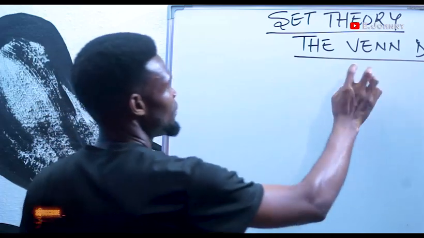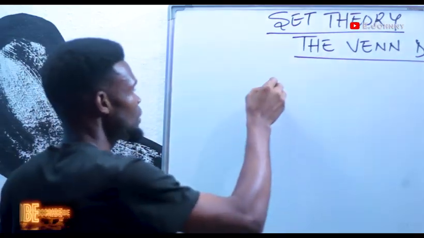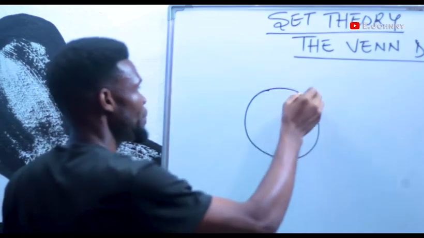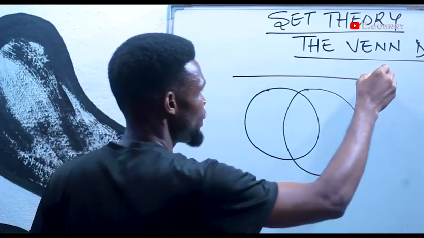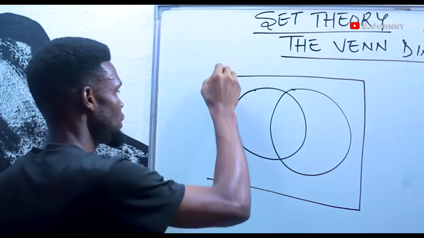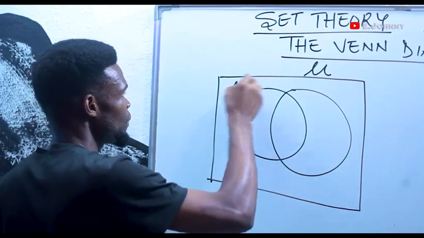Now, what John Venn did was that he used circles to represent subsets, and then he used a rectangle to represent the universal set. So these are the subsets of the universal set.